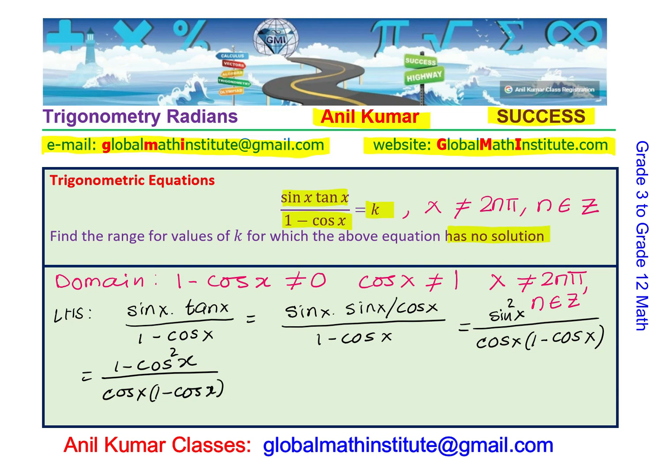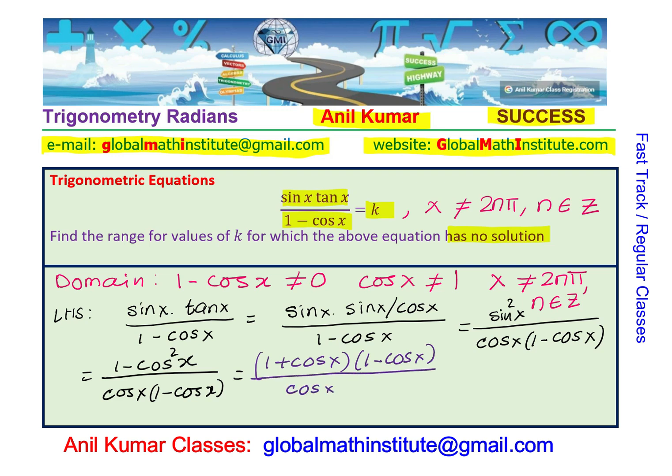We can now factor 1 minus cos square x and write it as 1 plus cos x times 1 minus cos x divided by cos x times 1 minus cos x. Makes sense, right?